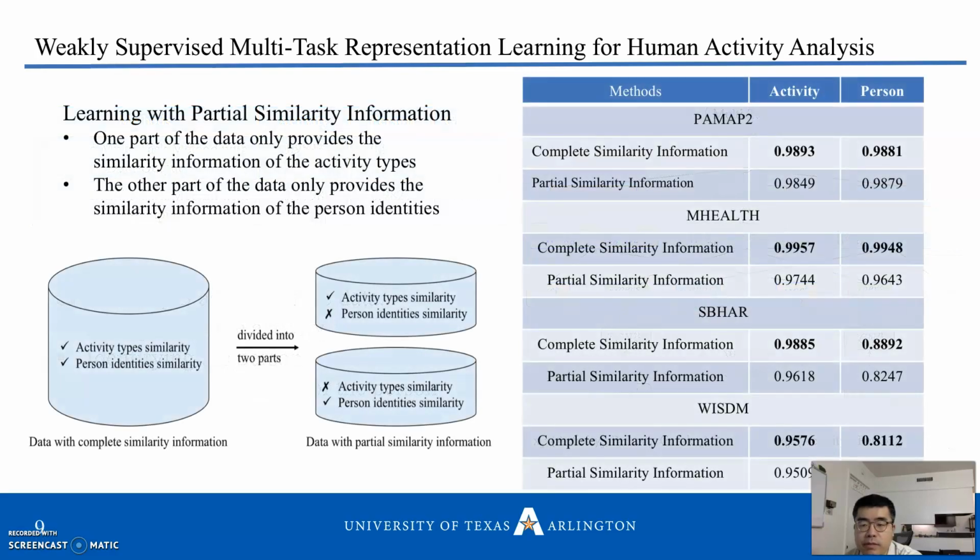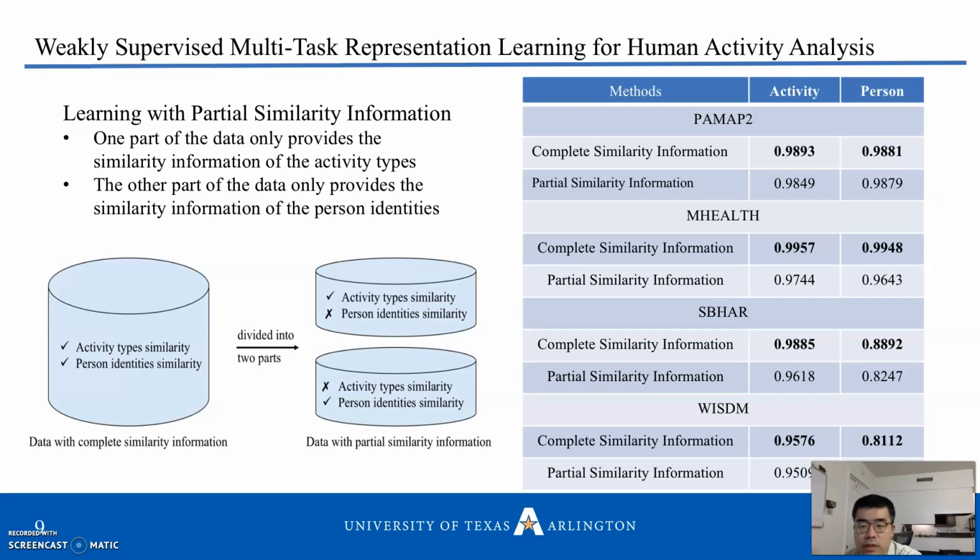In the third experiment, we consider that in real-world application, it will be impossible for the model to have complete and perfect information about the similarities between all data items and for all attributes of interest. Therefore, we divided the data set into 2 parts of equal size.